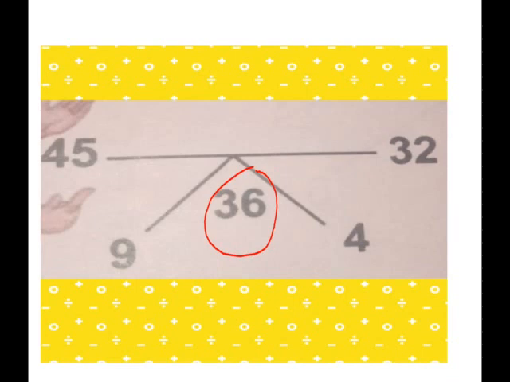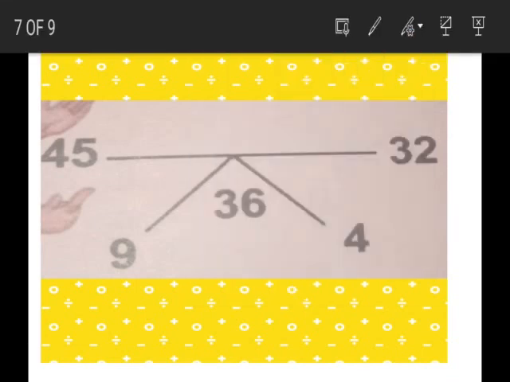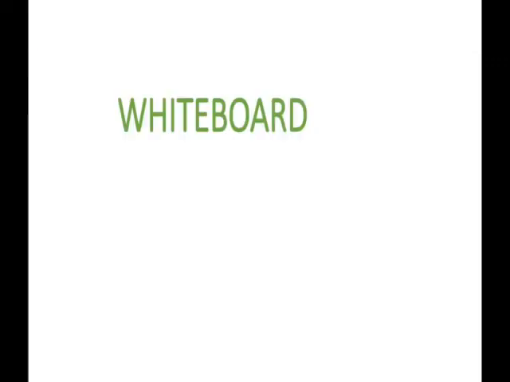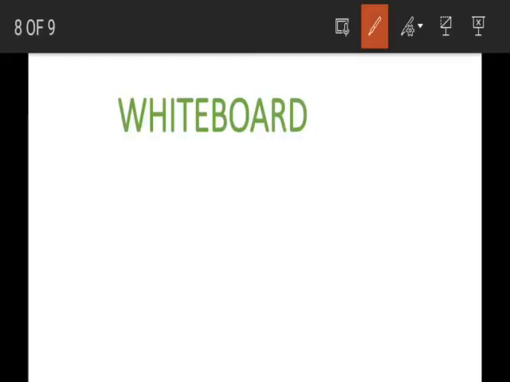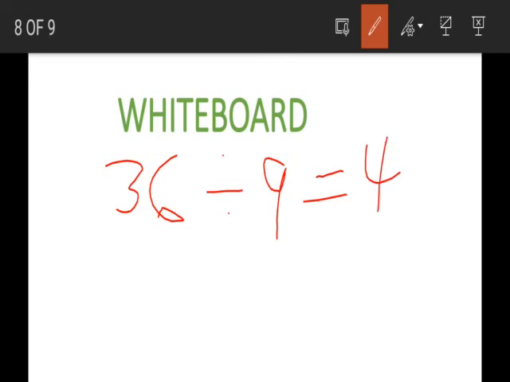Next is, how can we get 4? To get 4 is going to be 36 divided by 9. That will give us 4.